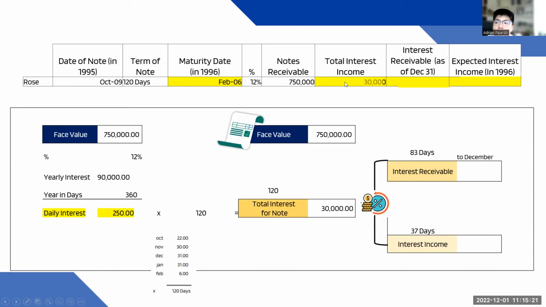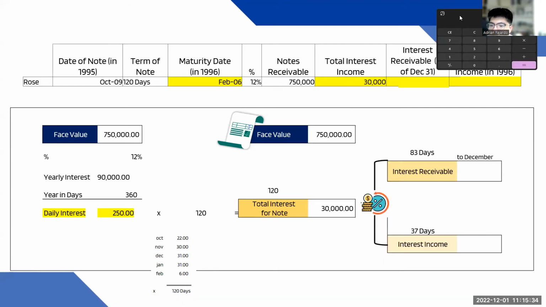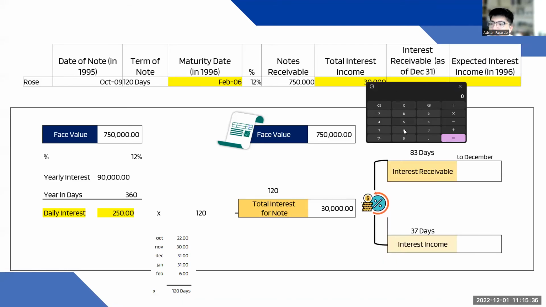Now, the only two missing are yung proration. So how did I know na 83 days to December? Because I just looked at my schedule, right? 22 plus 30 plus 31 is 83 days.